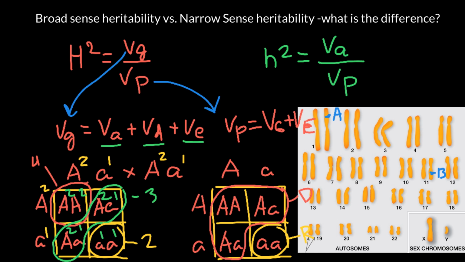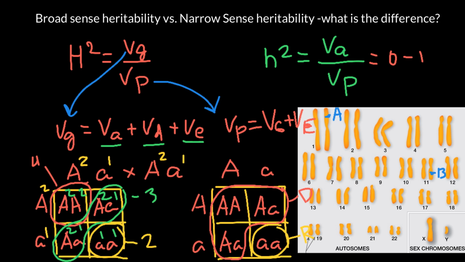Now, as you see, narrow sense heritability is when additive variance, which is an example here, would be divided by phenotypic variance. And basically we can get any number here between 0 and 1.